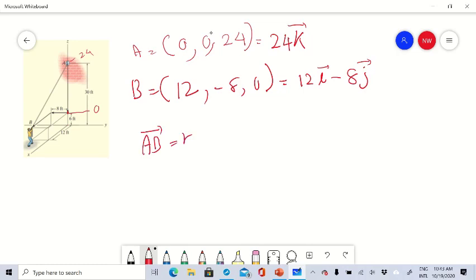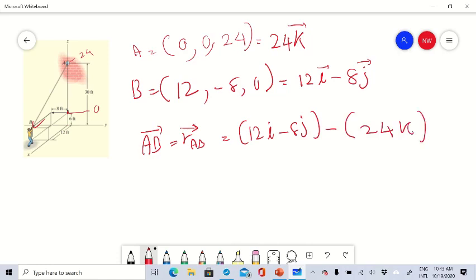Or we can say it is the position vector of B relative to the position of A. Now the head is here and the tail is here, so you should subtract the tail's coordinates from the head's coordinates. So we get the AB vector as 12i minus 8j minus 24k, right? So this is the position vector AB.